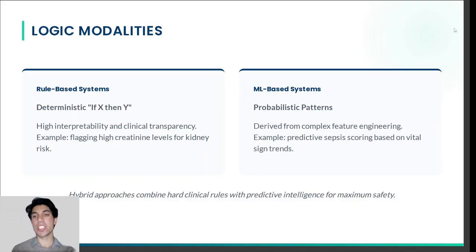For example, predictive sepsis scoring based on vital sign trends and clinical markers. These are the two types of systems that we use for decision making in clinical data science. There are also hybrid approaches which combine hard clinical rules with predictive intelligence, and we use these for maximum safety and high accuracy, and also we want our systems to be smart.